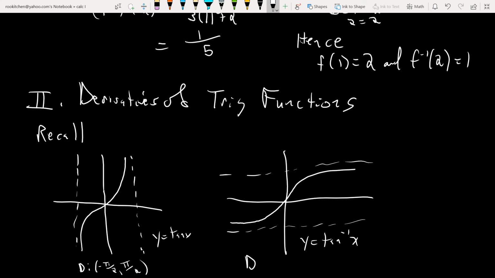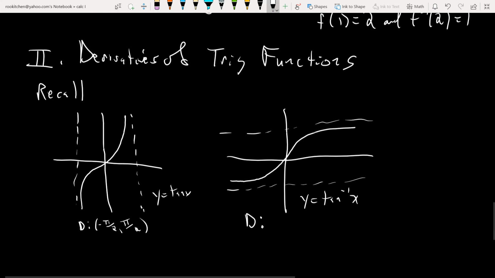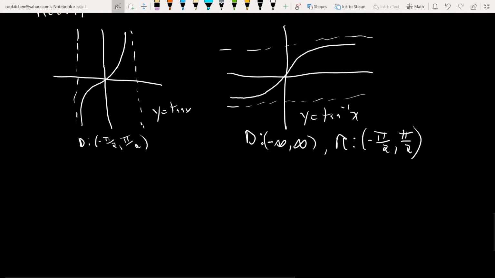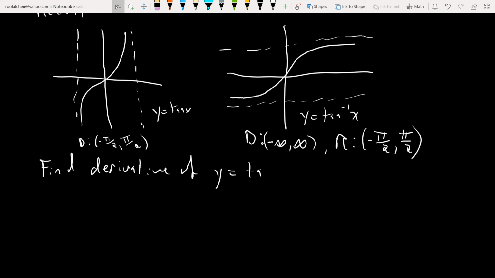Its domain is from negative infinity to infinity, but its range is negative pi over 2 to pi over 2 again. Great. Well, let's figure out its derivative. Find the derivative of y equals tan inverse of x.